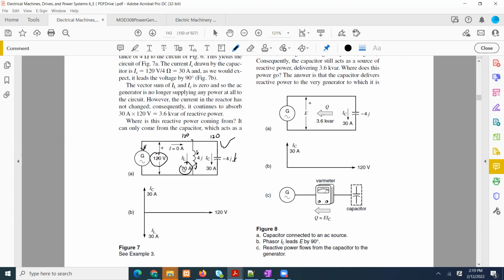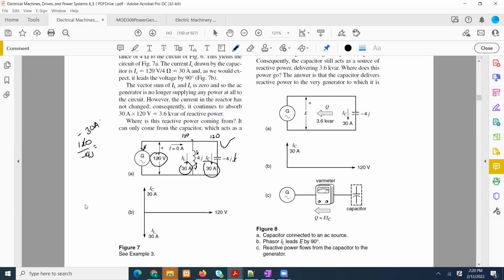In the question this current is not given, but it is easy to find, because we got 120 volt, and 120 divided by minus 4j is going to give you 30 minus 30 amps, which is flowing down here.